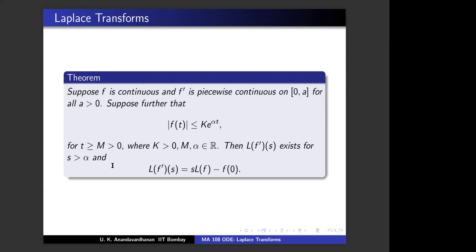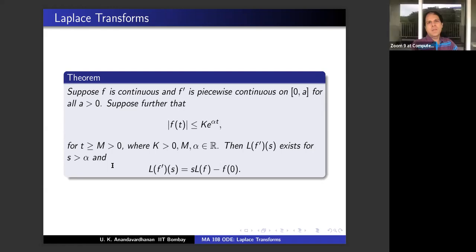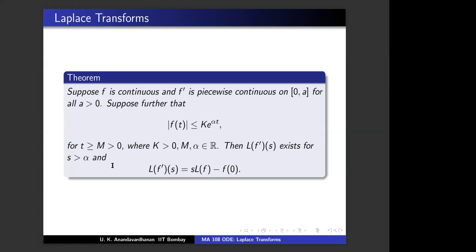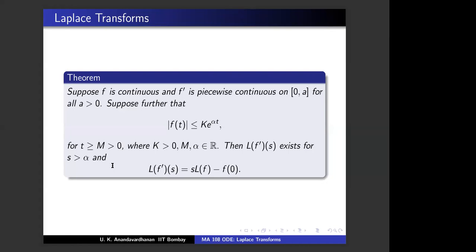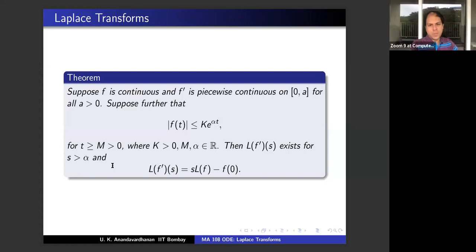We needed to point out an example where the Laplace transform exists even if the function is not of exponential order. Can you think of an example using this theorem? Find an f which is of exponential order and whose derivative is not of exponential order.